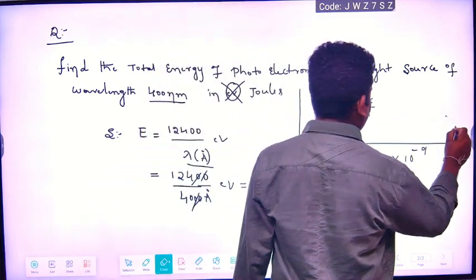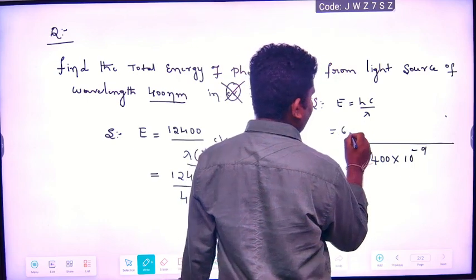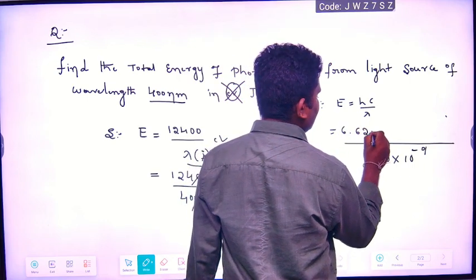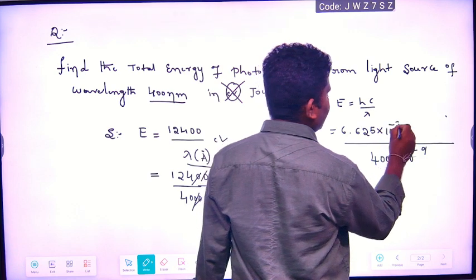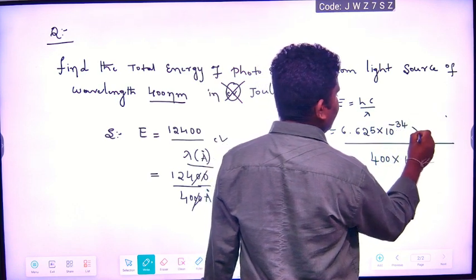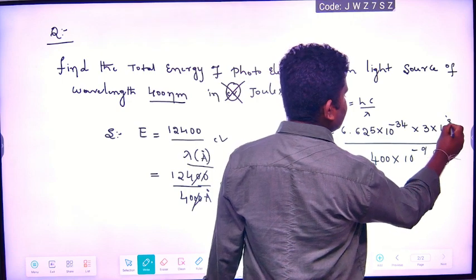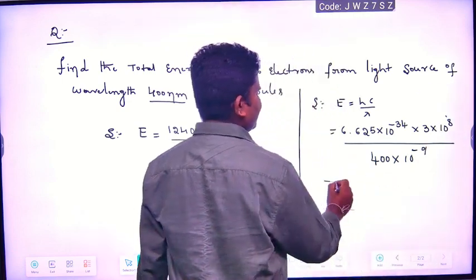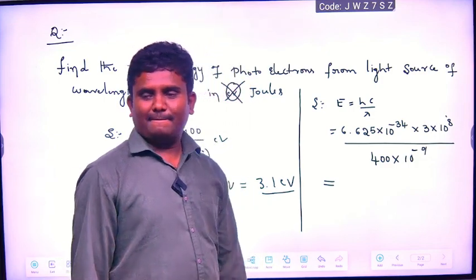One minute. This is not looking good now. I will write 6.625 into 10 to the power of minus 34 into c, 3 into 10 to the power of 8. Tell what is the answer, fast. That only you got?